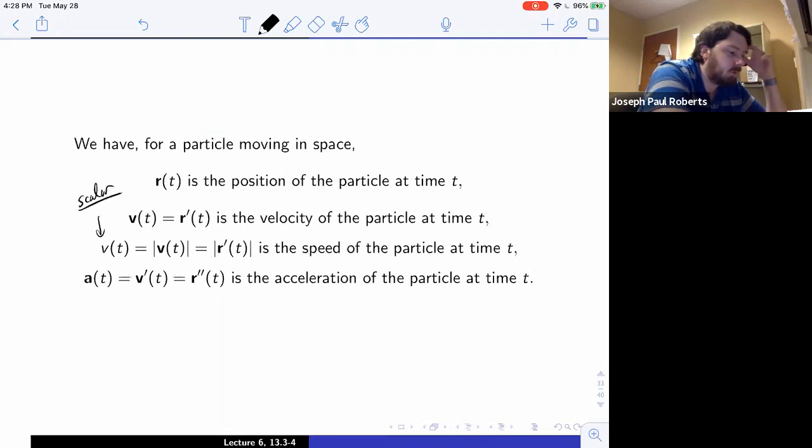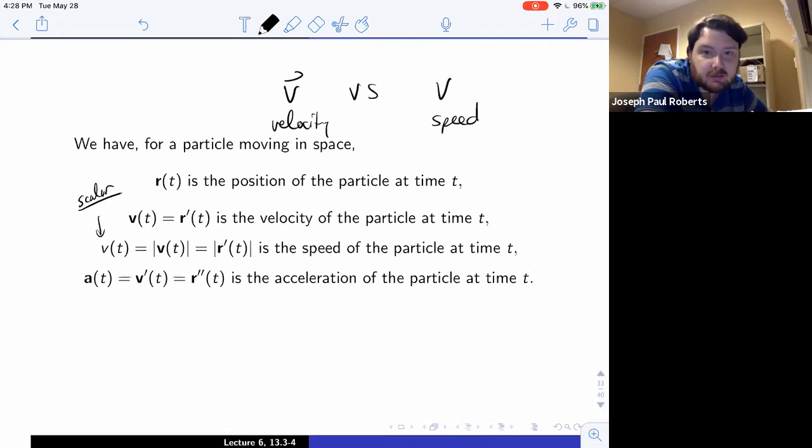So remember, we're careful, and we use vector notation for things that are vectors. If you see a v that's bold or with a little vector arrow, then that's velocity. Whereas if you just see regular v, that means it's a scalar and we're talking about speed. And then finally, acceleration is a vector, and it's the second derivative of position or the first derivative of velocity.